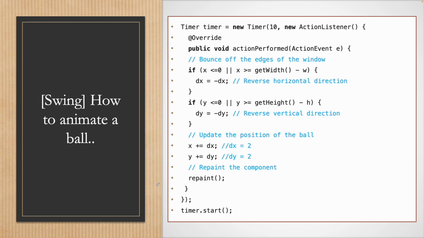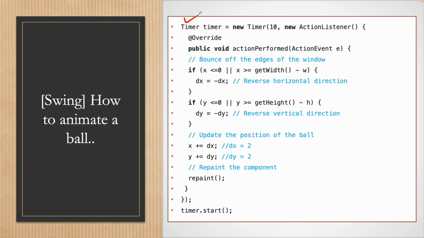And then obviously, you want to delay the update a little bit so that it actually shows you the movement of the circle. If you don't delay it, you're not going to be able to see the actual movement. Okay? So for Java Swing, you're going to be adding a Timer object.